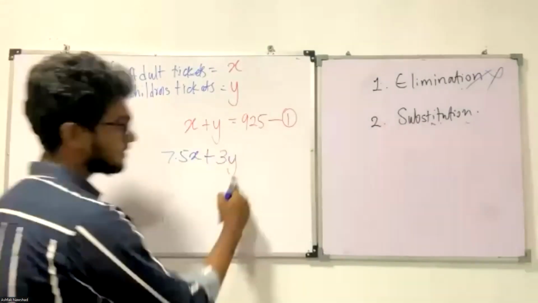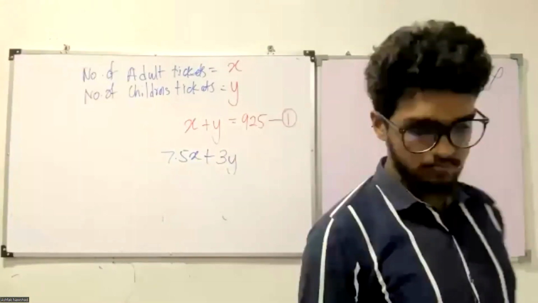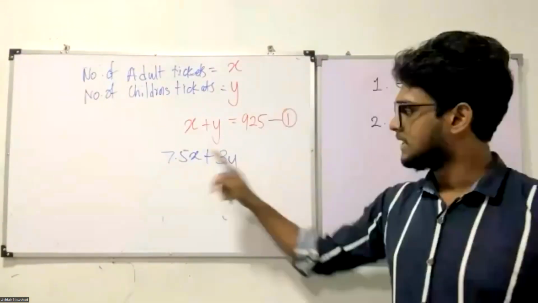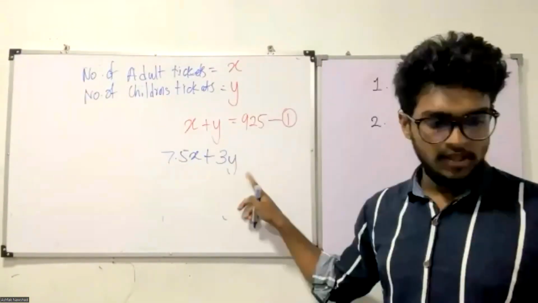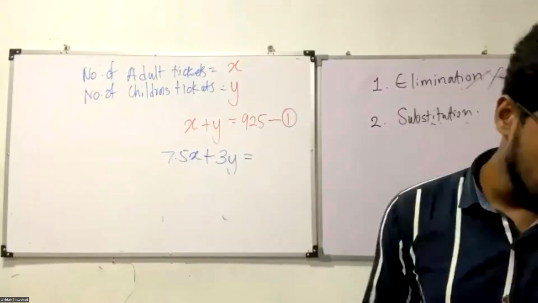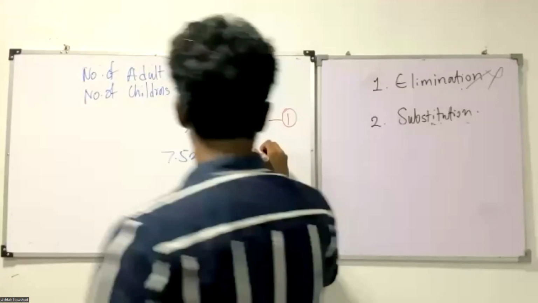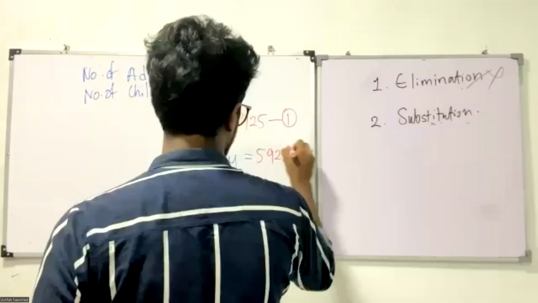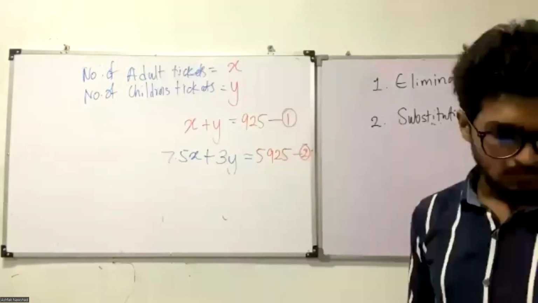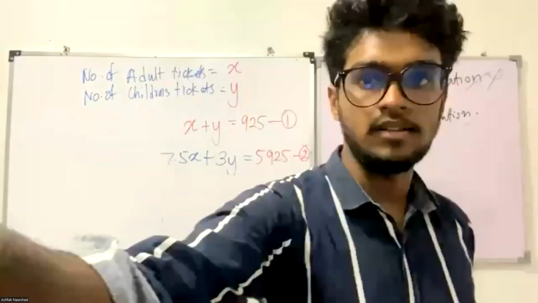This is the total revenue. 7.5X plus 3Y is equal to the total income. What's the income? They have sold tickets for $5,925. This is the total income. Is this clear? The construction of two equations.